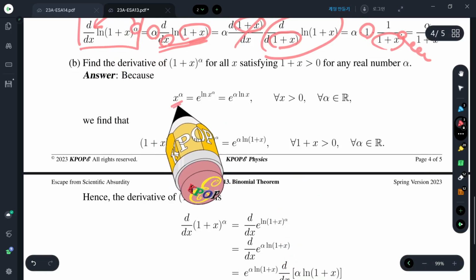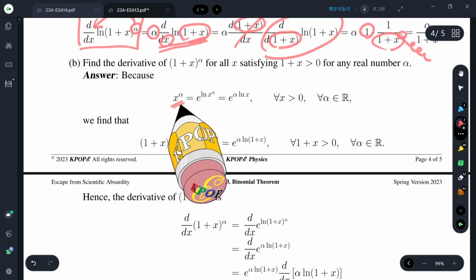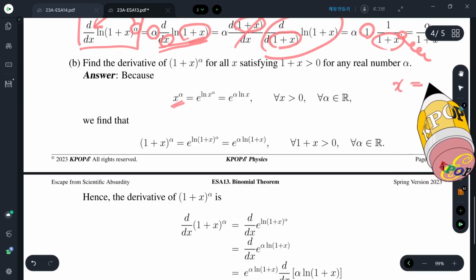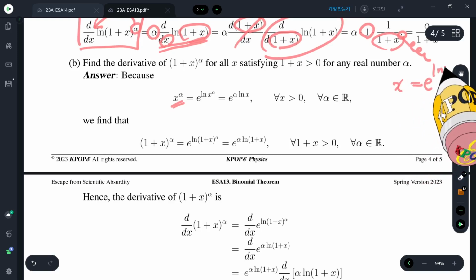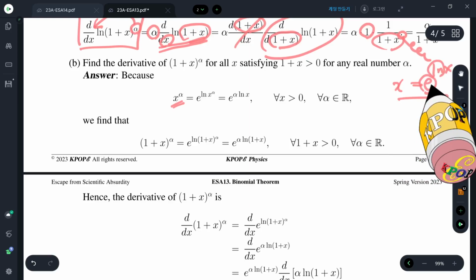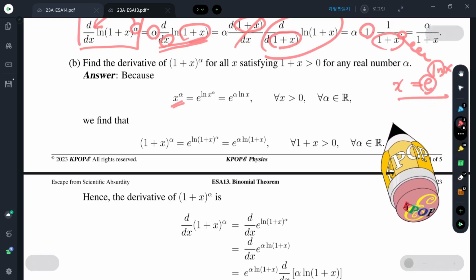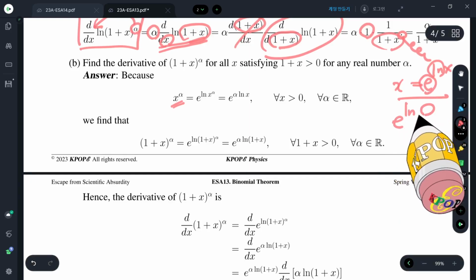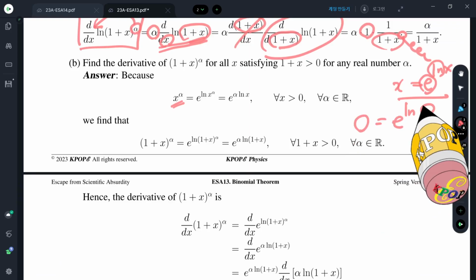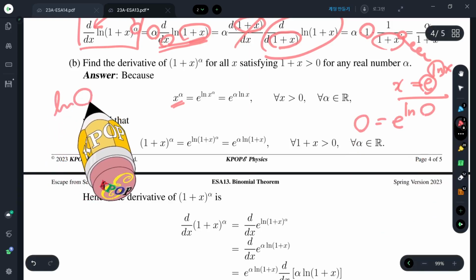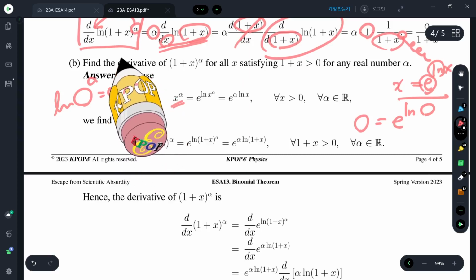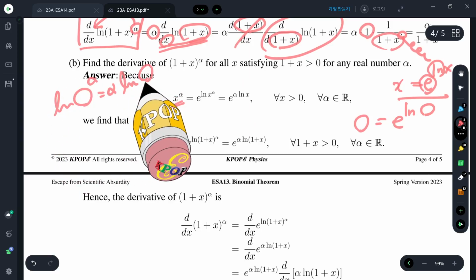Now, (1 plus x) to the alpha. Anything positive should be e to the log of it, because e and log are inverse functions. So e to the log of something should be something, an identity operation. We know that for log of something to a power, the power comes in front of the log.